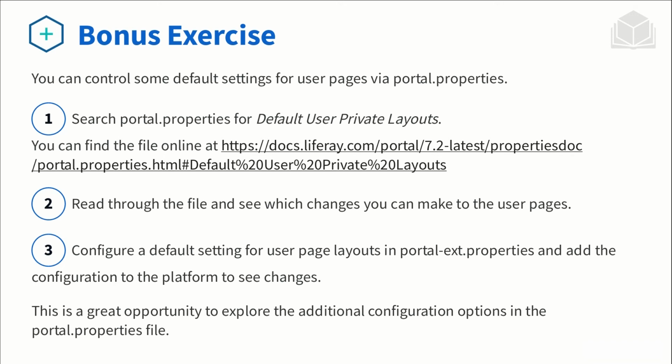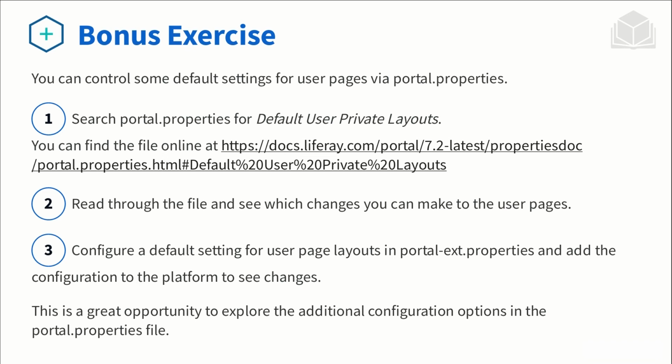This brings me to a long-standing homework task that I like to give everyone. Portal properties, the original file that you must not change, has thousands of lines. And if you look at the original file, I would say 70–80% of these lines, if not more, are comments. And then the remaining part are actual settings or empty lines.